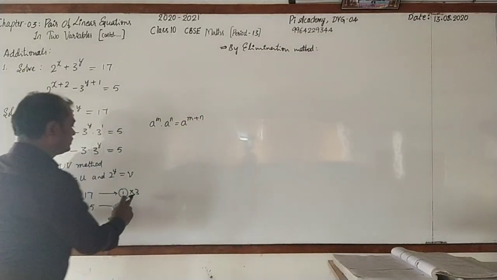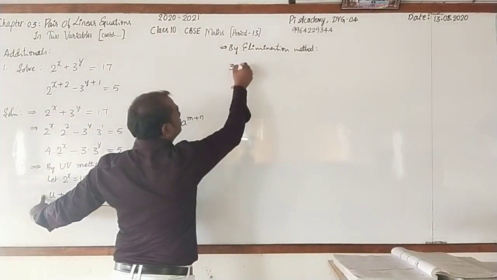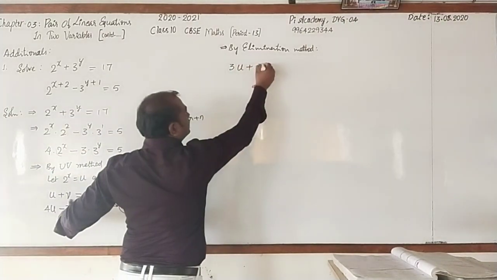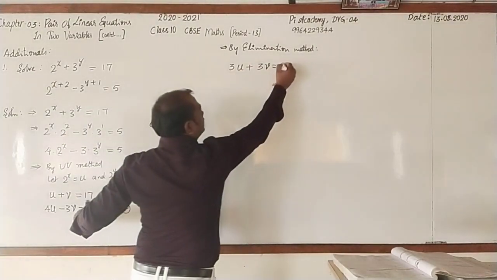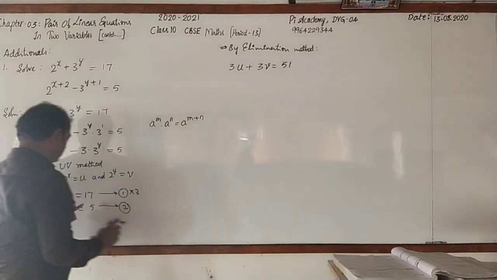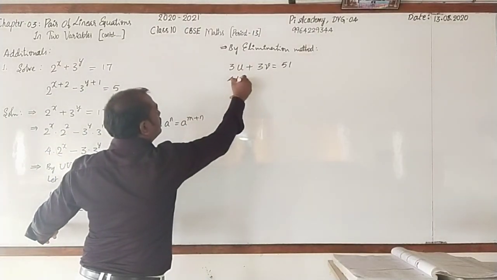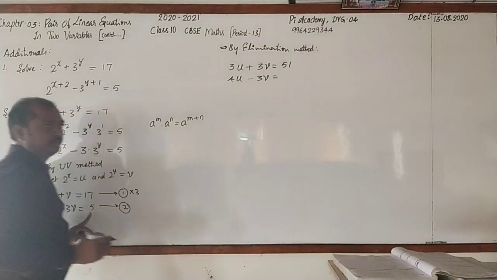Start multiplying by 3. 3 into u is 3u plus 3 into v is 3v, and 17 3s are 51. Next, the second equation as it is: 4u minus 3v equal to 5.